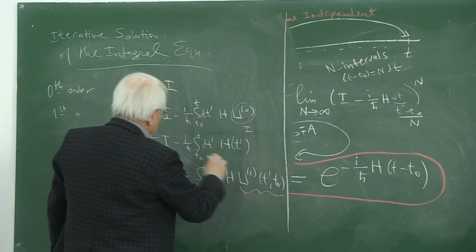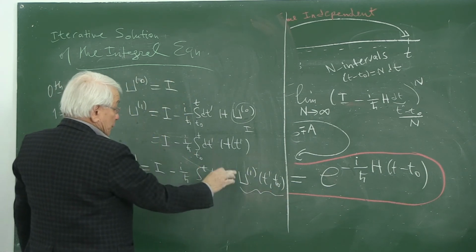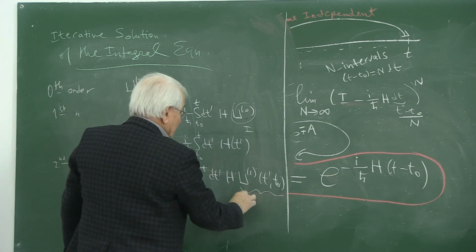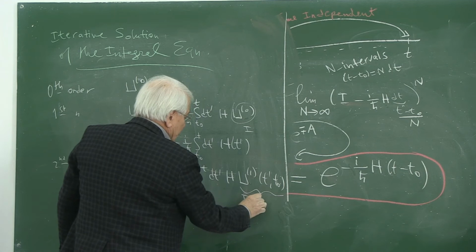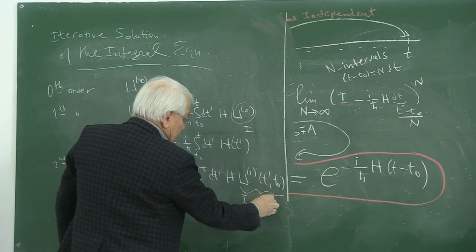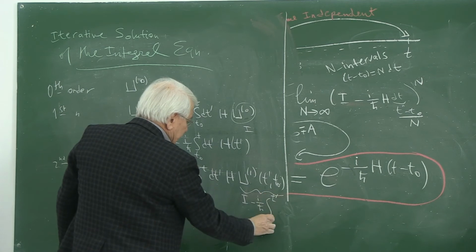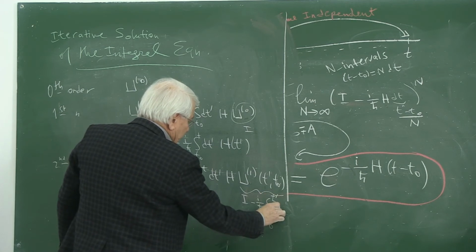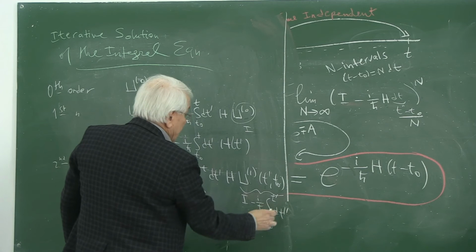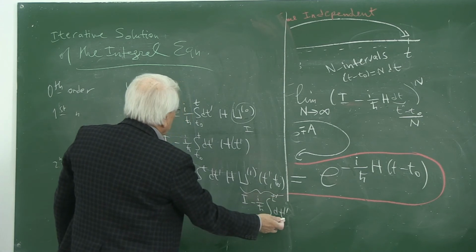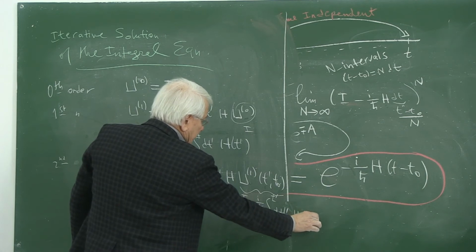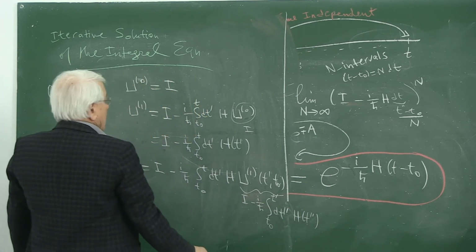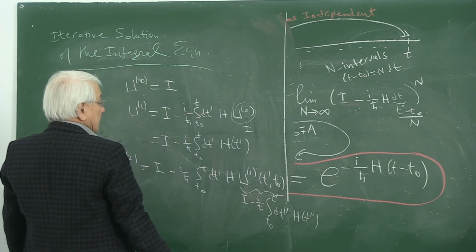Now let's substitute the previous solution to here. It is 1 minus, you have to be extremely careful now, time ordering comes in. i over ħ, t0 to t prime, so it is t prime, the limit, t0, dt double prime now, because I use a different variable, H(t prime). Okay, that's it.